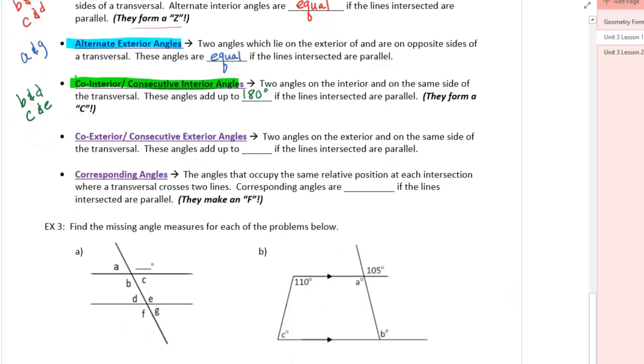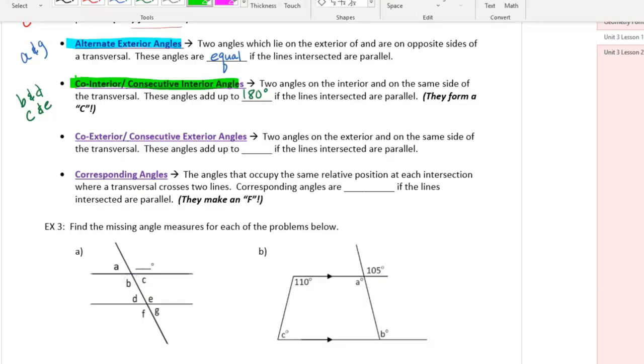Now in parentheses, you see that they form a C. Just to represent that, look at this and this. So there's your C, or that's a backward C. If we're looking at this side, there's your C. So you're talking about this angle and that angle.